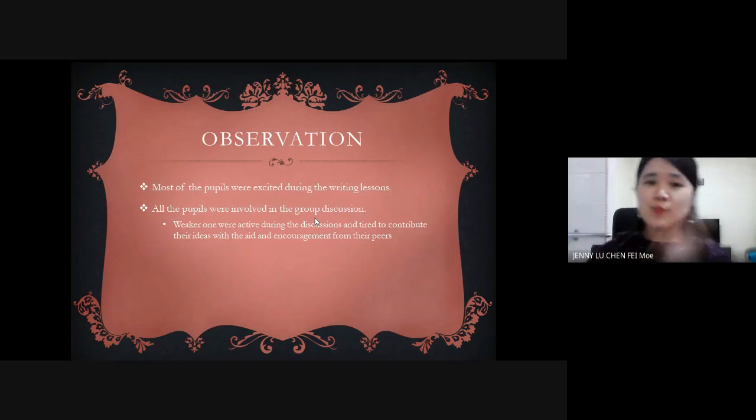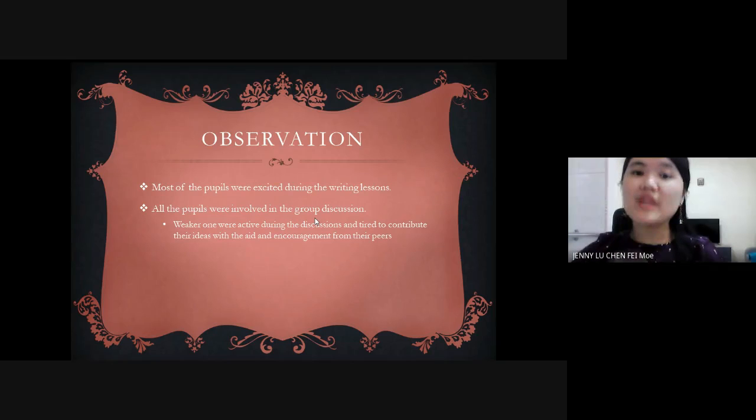Observation. So I conducted observation as well to collect my data. First of all, I found that most of the pupils were very excited during the writing lessons, and that all of them were involved in the group discussion. The advanced ones were helping the average ones. The average ones were encouraging the weaker ones to give their ideas, helping them to say their ideas in the English language, and helping them translate what they had said in Bahasa Malaysia into English.